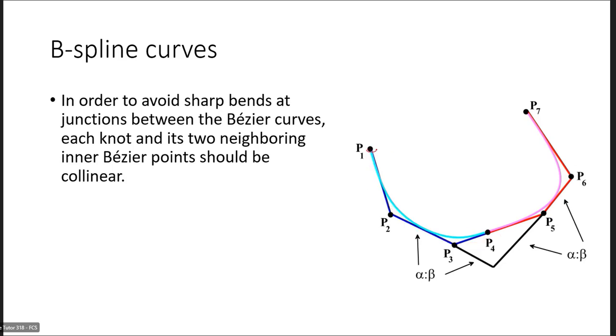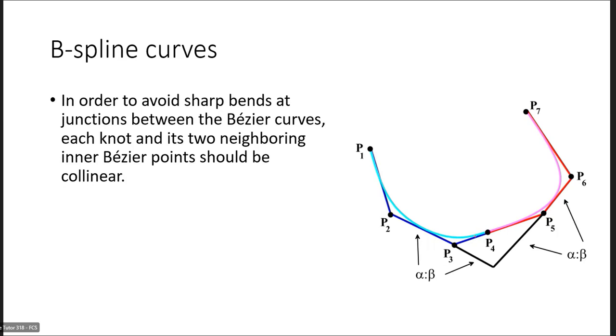We start from P1 to P4 using these two control points. We use interpolation for P1 and P4, and approximation for P2 and P3. Then we make another curve from P4 to P7, with control points P5 and P6.